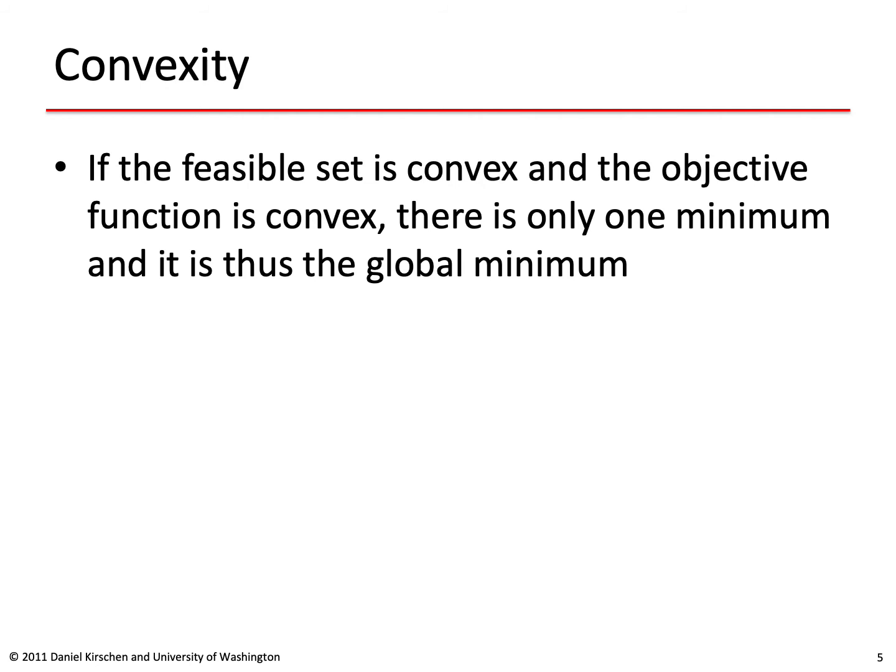Fortunately, in some cases we can make use of the concept of convexity, because it can be shown that if the feasible set is convex and the objective function is convex, there is only one minimum, and it is therefore the global minimum. But I need to explain in more detail what I mean by a feasible set that is convex and a convex objective function.